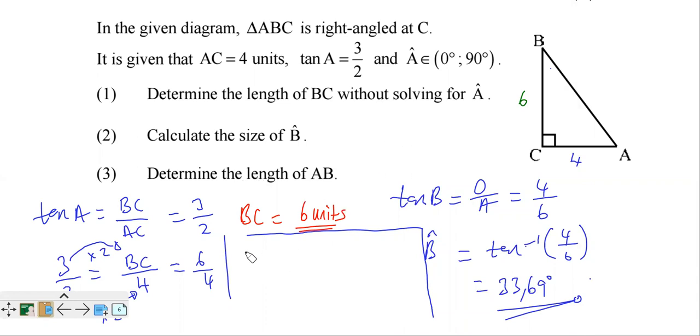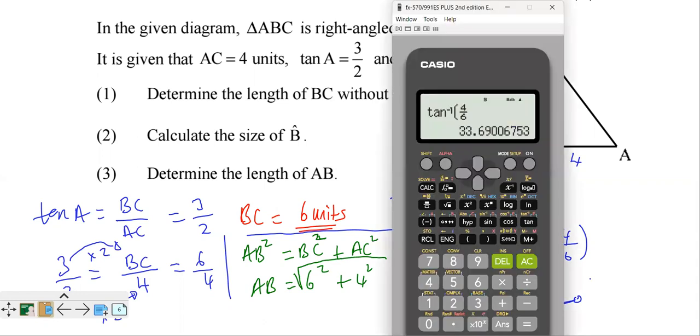For AB, we are going to use Pythagoras. We know that AB squared is equal to BC squared plus AC squared. Then what do we get for AB there? We're going to use 6 squared plus 4 squared. So AB is equal to the root of that. Let's see what we get.